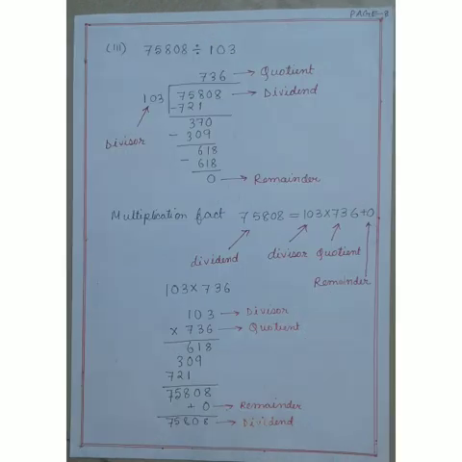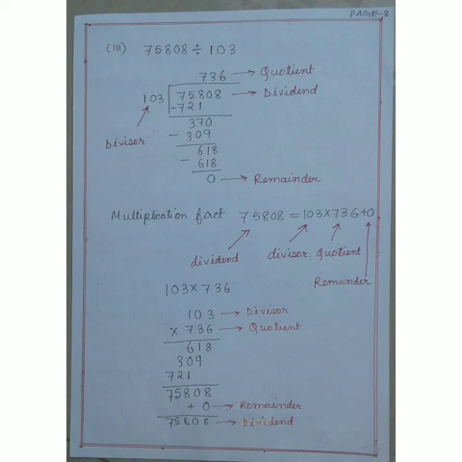Next question, 75808 divided by 103. We have to divide 75808 by 103. We shall get quotient 736 and remainder 0.